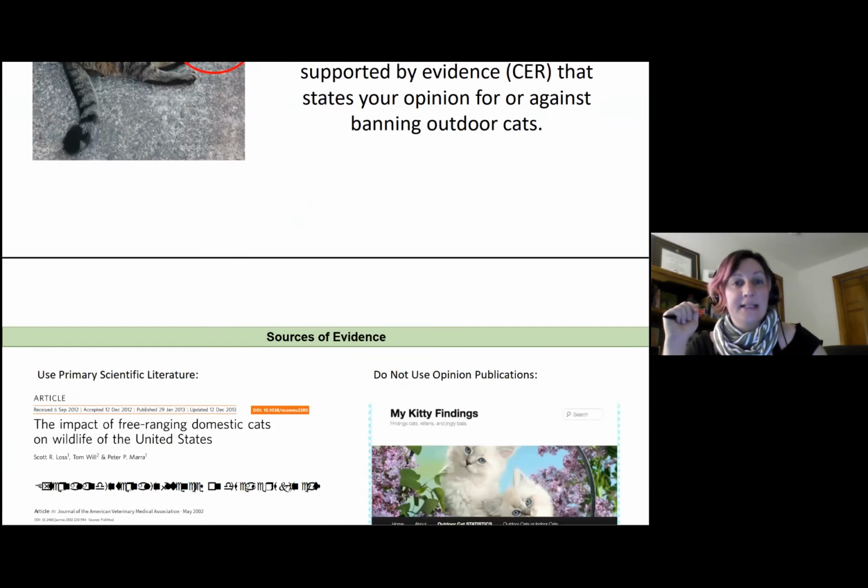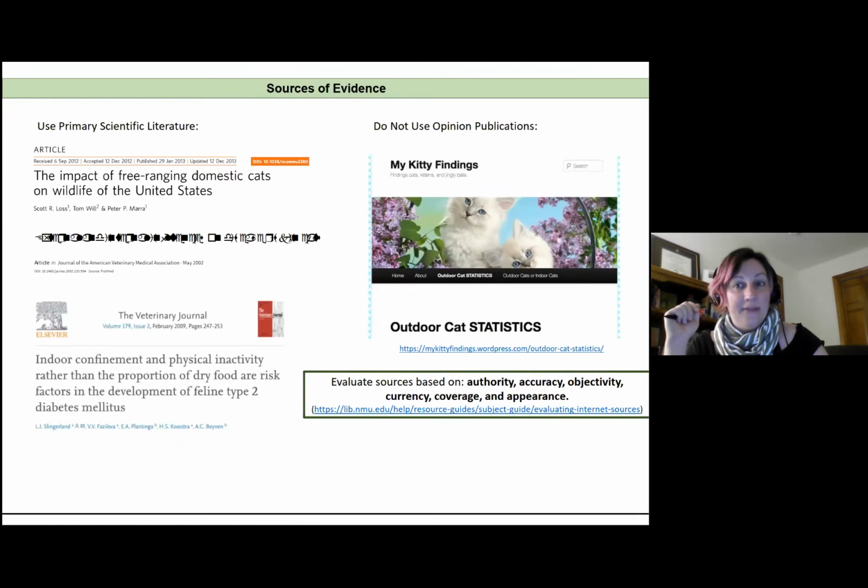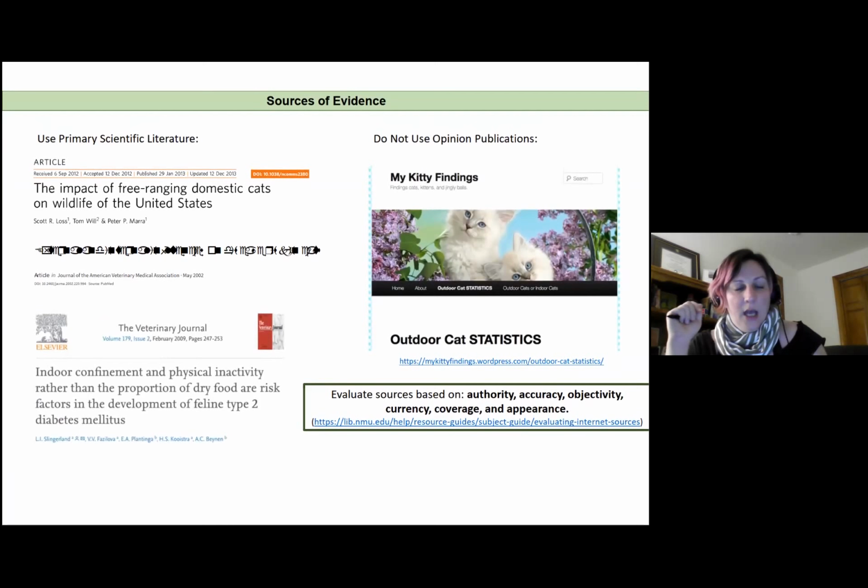So normally to make a statement like this, we would need evidence. It's important that when we cite evidence that we are using evidence that has a high level of scientific certainty. That's going to be kind of the next thing we take on, is evaluating that. But typically, if you're using primary scientific literature, you're going to be doing okay.